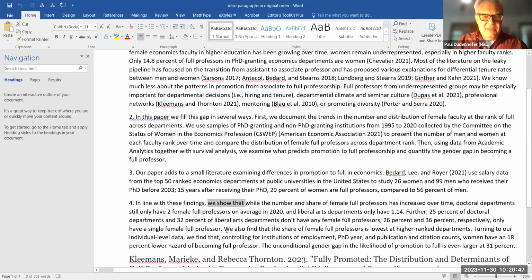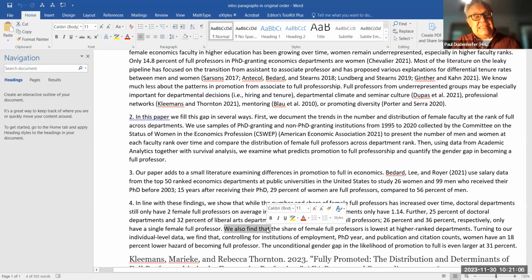Okay. We also find that. So this is what's known as metadiscourse or metalanguage. And it's very important in academic writing where you explicitly label your findings, you explicitly label your contribution, you explicitly label your argument, those kinds of things. Okay.